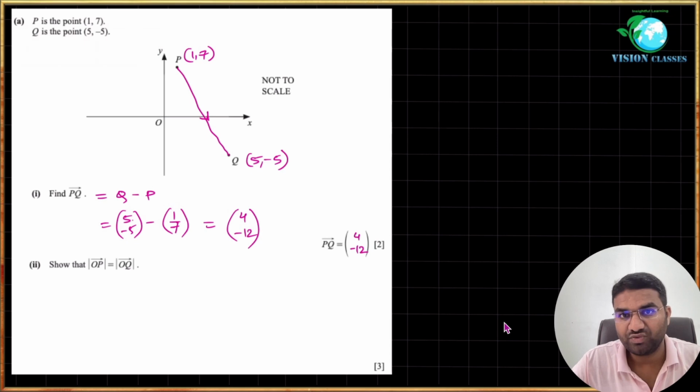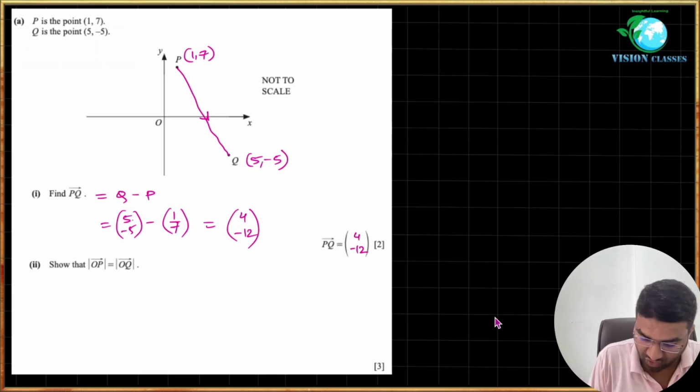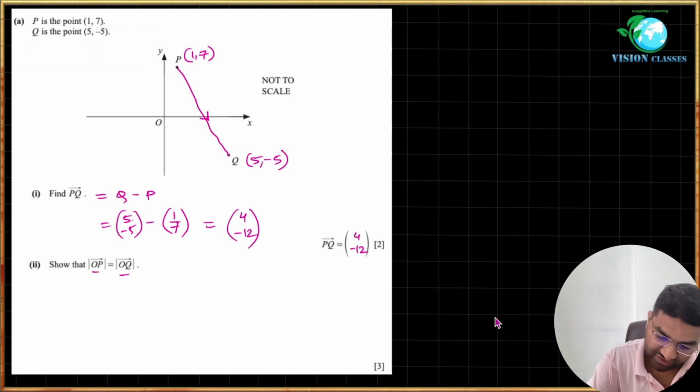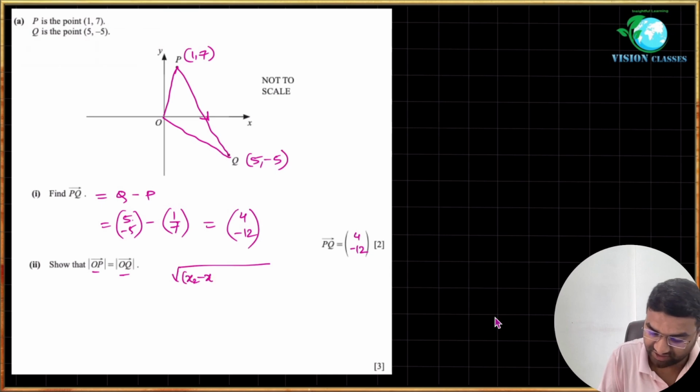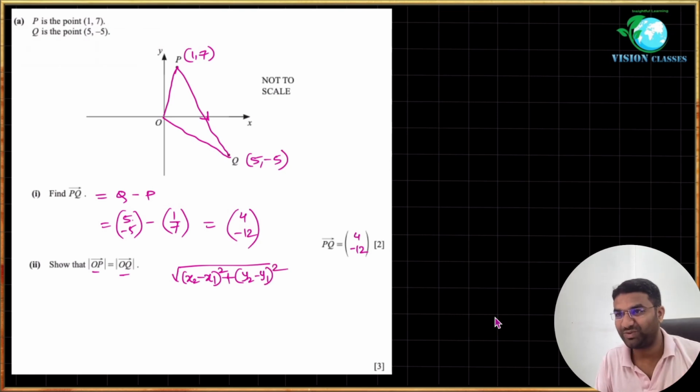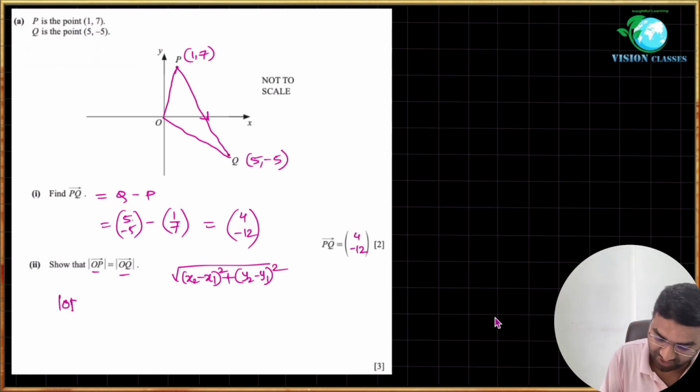Then next we have to find the distance OP and the distance OQ. So we have to use the distance formula. What's the distance formula we have? Square root of (x2 minus x1) squared plus (y2 minus y1) squared. That's the formula we have to utilize. So for the OP distance, let's say O is (0, 0).